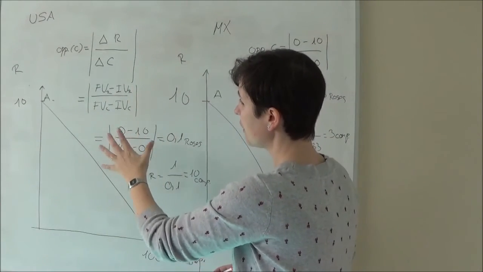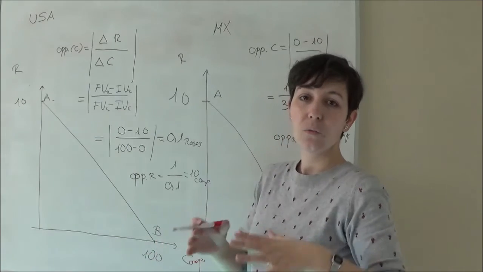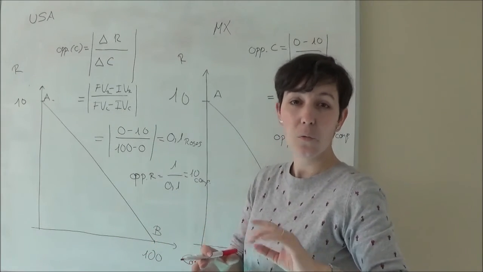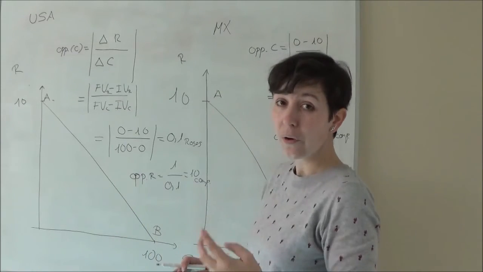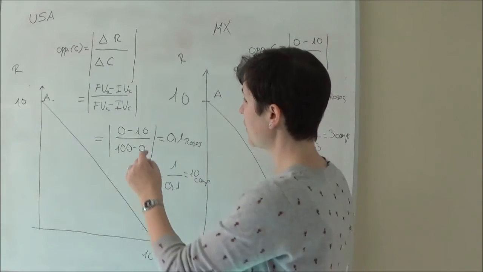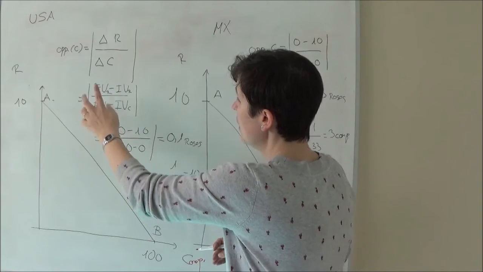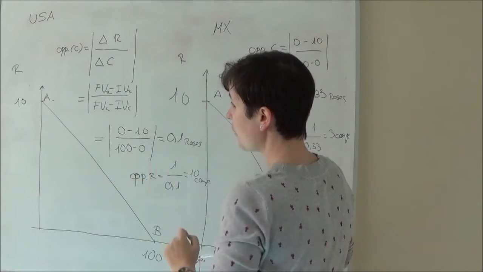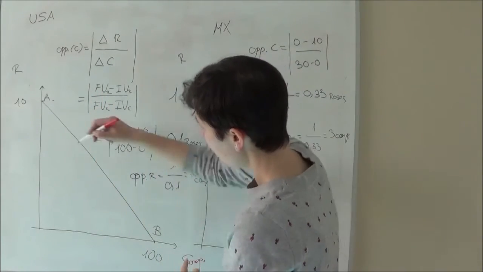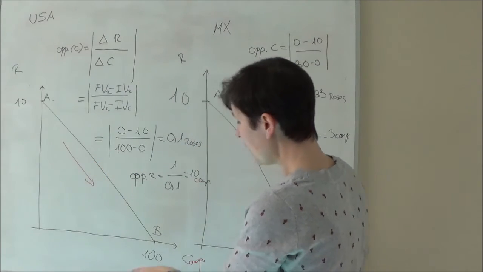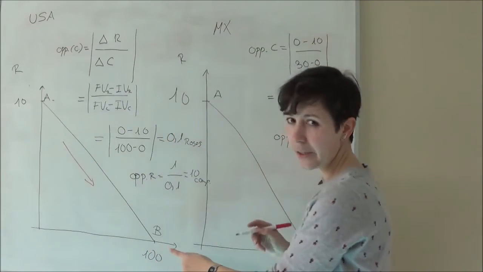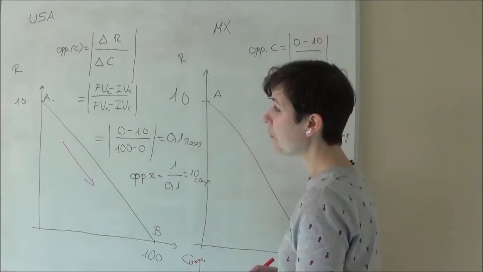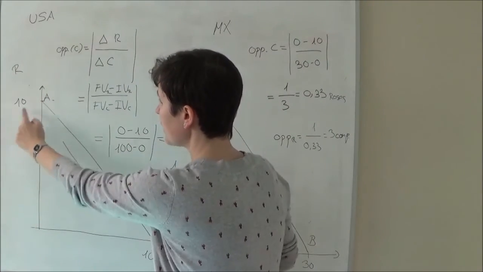Because here it is a division. When we are doing a derivative, we don't do the division, okay? But when we are using 2 points, we need to use the division, okay? So, the final value of roses from A to B, the final value of roses, which is on the vertical axis, is 0, okay? 0. Initial value of roses, vertical, 10.